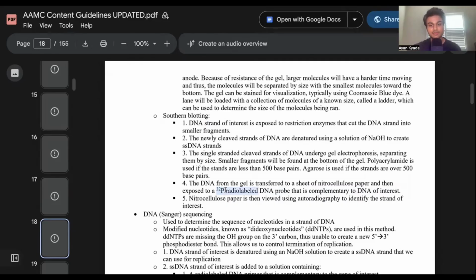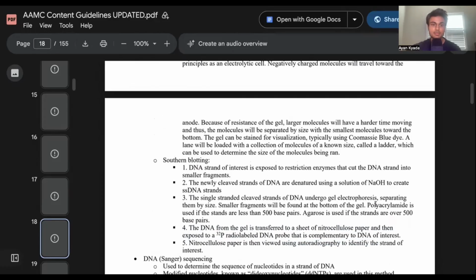And then you're going to transfer that radiolabeled probe to a sheet of nitrocellulose paper containing the DNA from the gels. And that radiolabeled probe is going to bind to the complementary DNA sequence of interest. And using autoradiography, which exposes its fluorescence, you can easily identify the strand of interest.